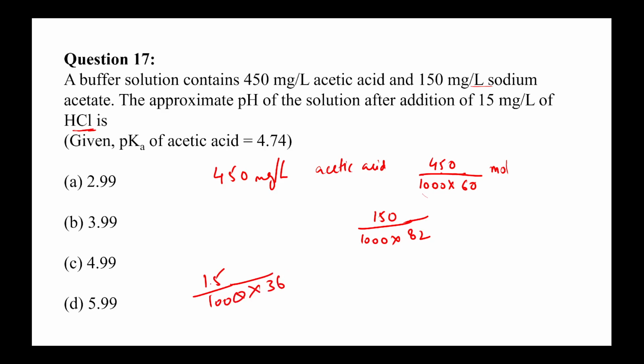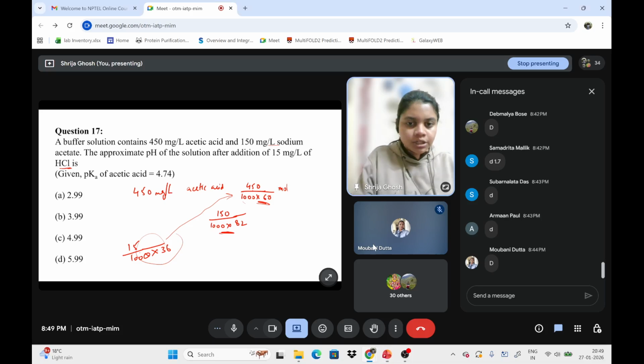No? So add the HCl value to the acid and subtract it from the salt. That would be the final acid concentration and salt concentration. Put it in the Henderson equation, you have the pKa, you will get the pH.